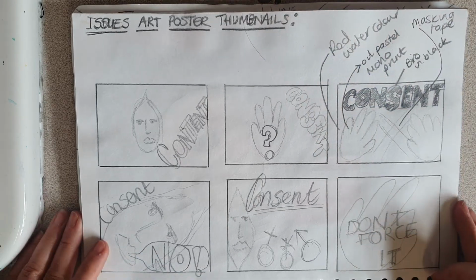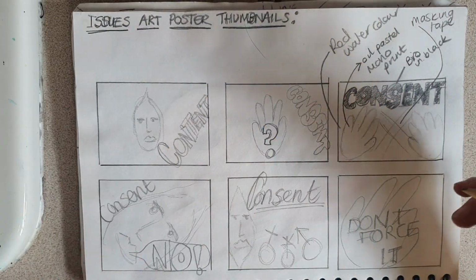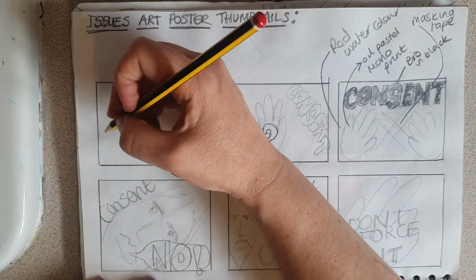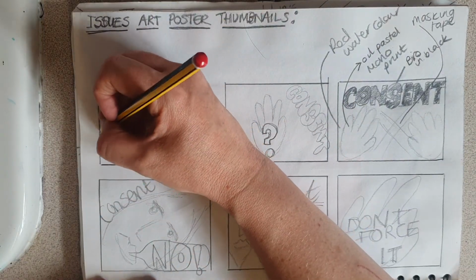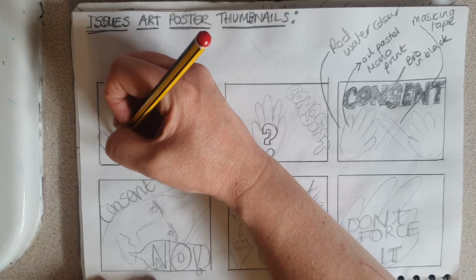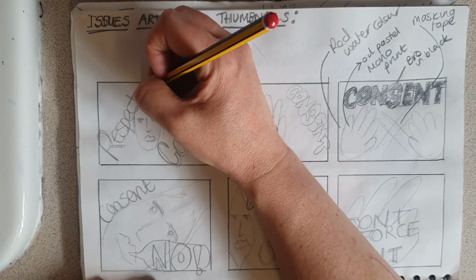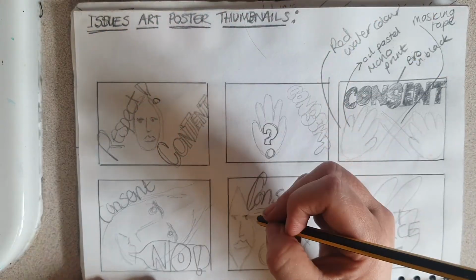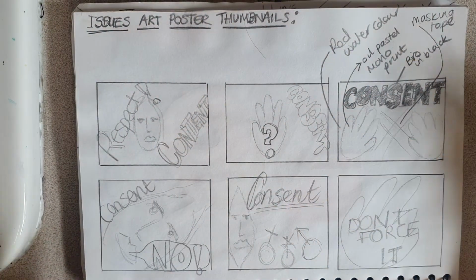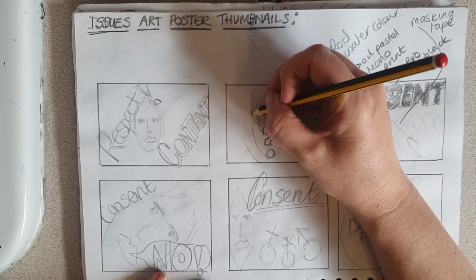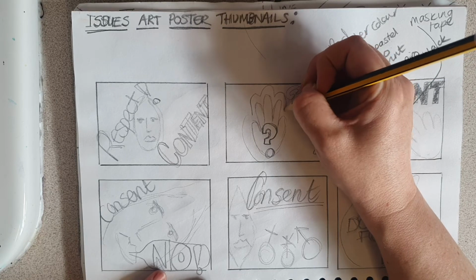I want all these designs to be using pencil, just for ideas of layout. Okay, we could think about respect. Okay, respect could be something that we write down. And so we've got the oil pastel. We could have this as a collaged hand in newspaper.